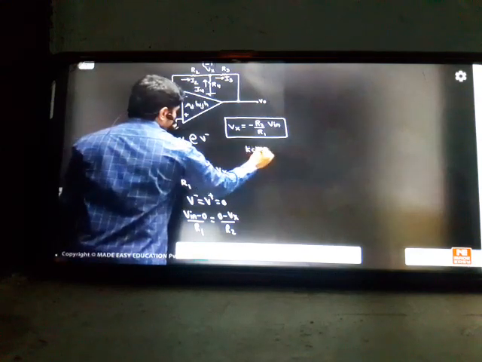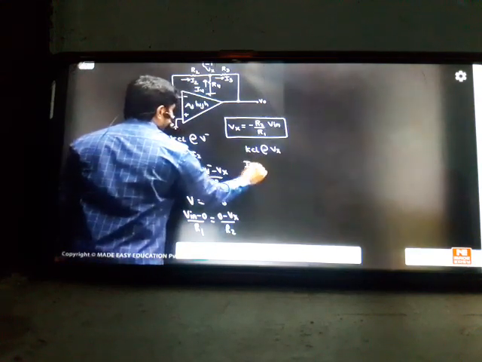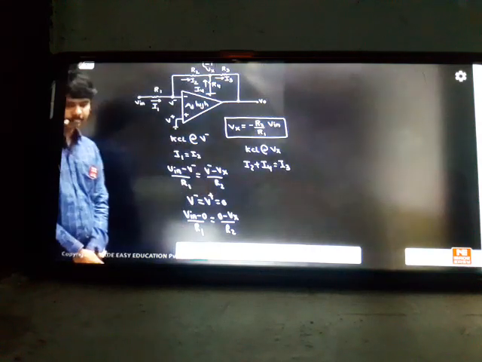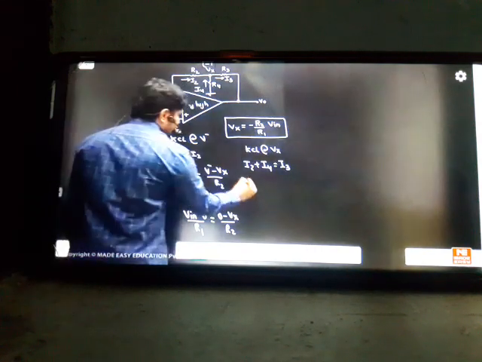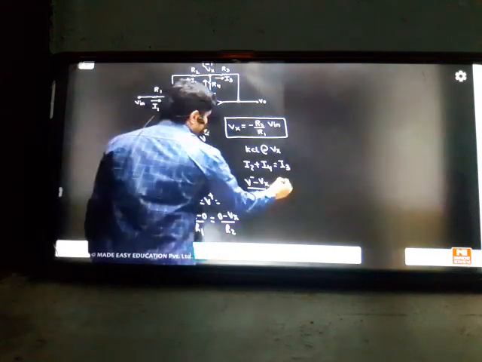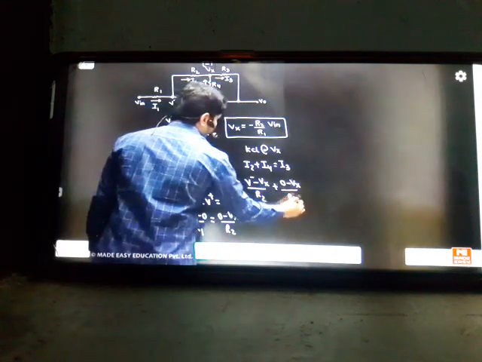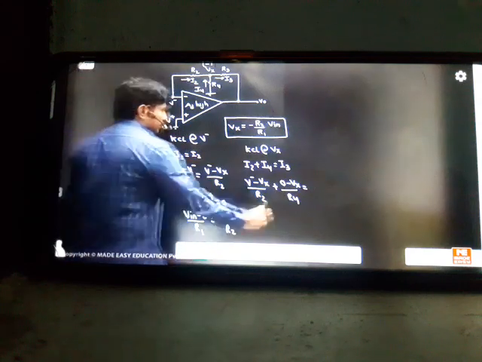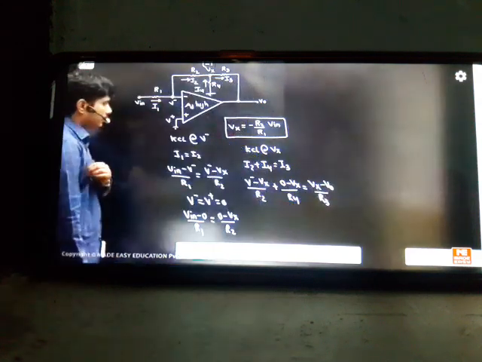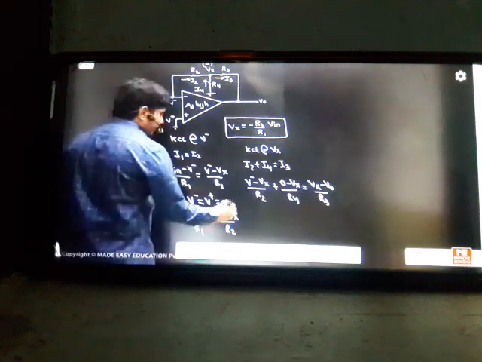Now apply KCL at Vx, one more KCL: I2 plus I4 will be equal to I3. Apply this to solve the gain expression. I2 is V minus minus Vx by R2, plus 0 minus Vx by R4, is equal to I3, which is Vx minus V0 divided by R3. In this formula V minus is 0 here, so we can take this quantity as 0.